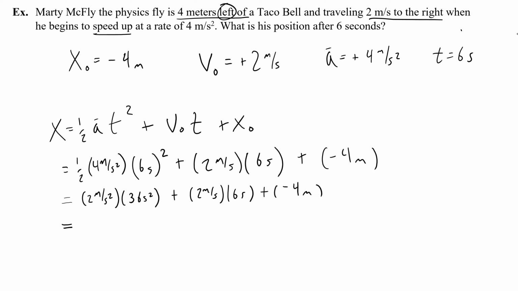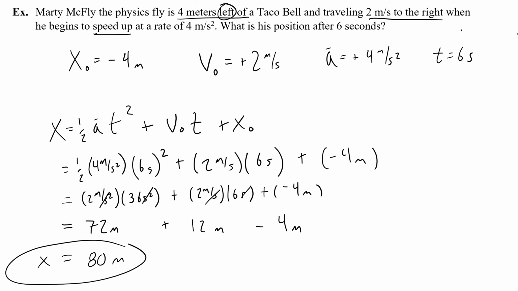Okay, so the first term, these seconds squared cancel out, so you'd get 2 times 36, which is 72 meters, plus 2 meters a second, the seconds cancel out, times 6 is 12 meters. And then minus 4, because that negative is there. Okay, so 72 plus 12 is 84, and then when you take away 4, you are left with 80. So the final position of Marty McFly is 80 meters.